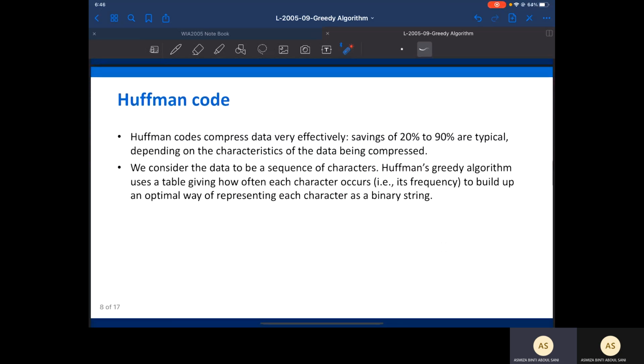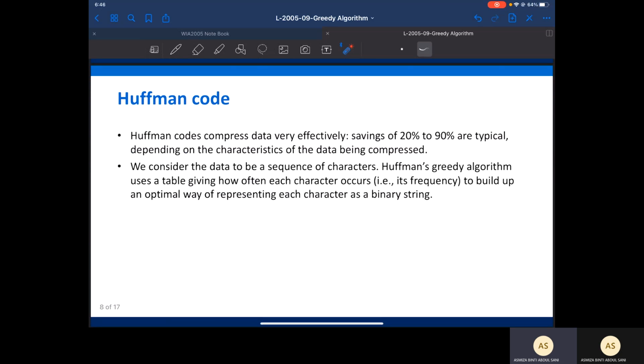Now we're going to be looking at the Huffman code, which applies the greedy algorithm approach. Huffman codes are used to compress data, and normally by applying this encoding, you can save 20 to 90% of the space, depending on the characteristics of the data being compressed.